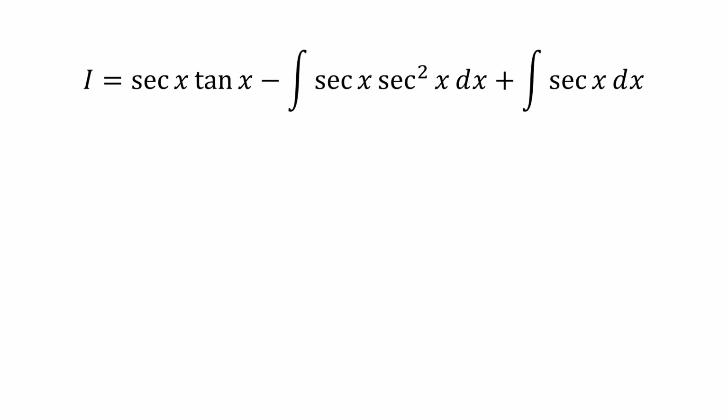The first integral is I, so we have I equals secant of x tangent of x minus I plus the integral of secant of x dx.